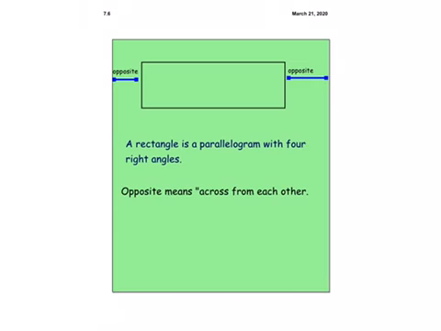A rectangle is a parallelogram with four right angles. And when we talk about opposite, keep track that this side is opposite of this side, whereas the top is opposite from the bottom. So this rectangle has four right angles.